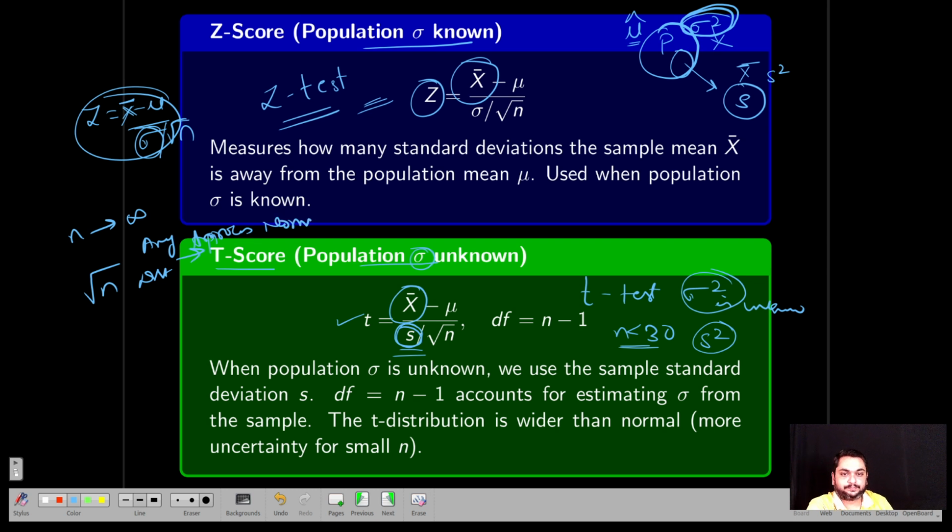So for that reason, if you take square root of n, the sigma value will be reduced, right? So the symmetry of the distribution will be more. If you draw this diagram with n and square root of n, you will understand. The symmetry will be better.